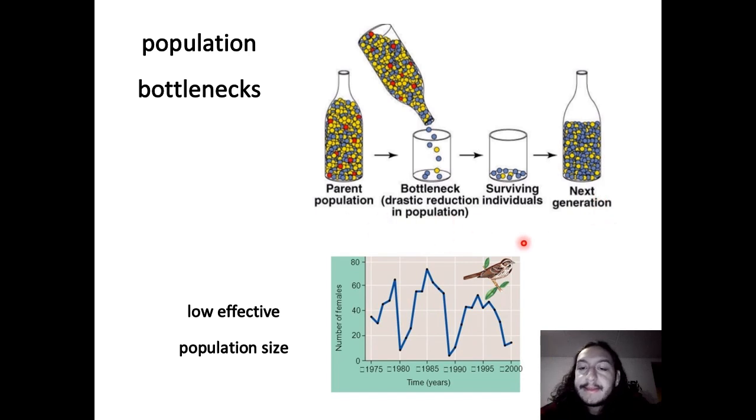So this leads to a low effective population size, and because you have lower genetic diversity, you also have a reduced adaptive potential in these populations, because evolution acts on variation, and if there is really low genetic diversity, there is not a lot of variation to help you adapt, for example, if the environment changes drastically.